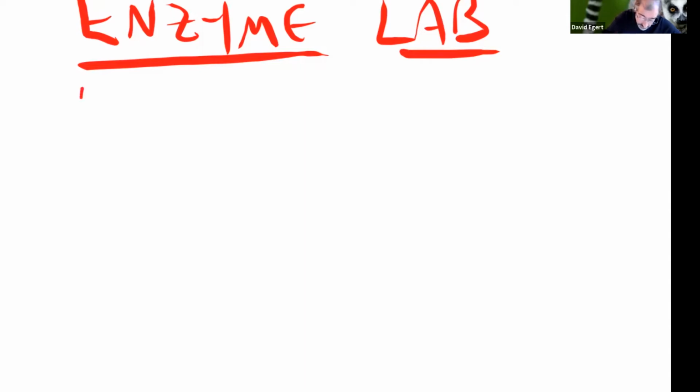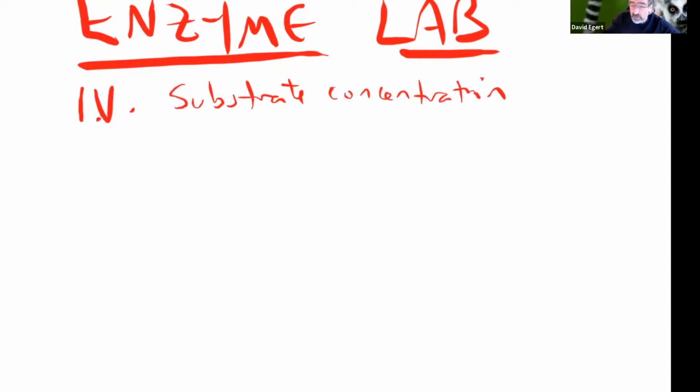So if we're thinking about our independent variable, it's going to be substrate concentration. Our dependent variable is going to be the reaction rate. And obviously we need to have some example of an enzymatically catalyzed reaction to work with.